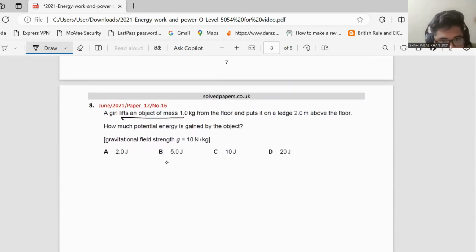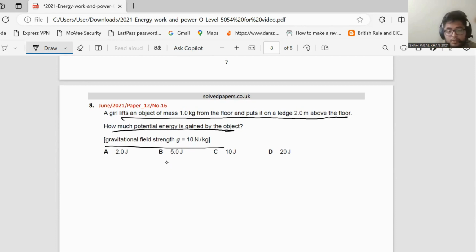A girl lifts an object of mass 1 kg from the floor and puts it on a ledge 2 meters above the floor. How much potential energy is gained by the object? So in this, what is given to us? Mass is given, which is 1 kg. And the height is given, which is 2 meters.